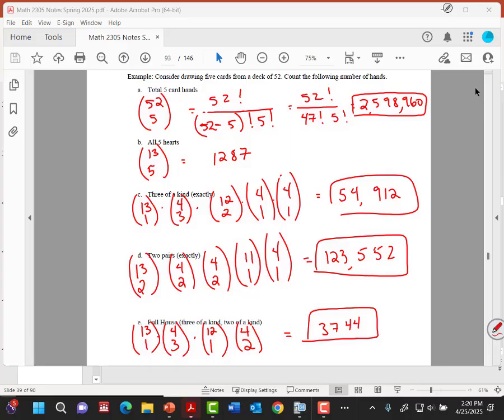And now the idea is this. We can easily see that if I just look at C, D, and E, which of these has the least number of outcomes, well, that would be a full house.